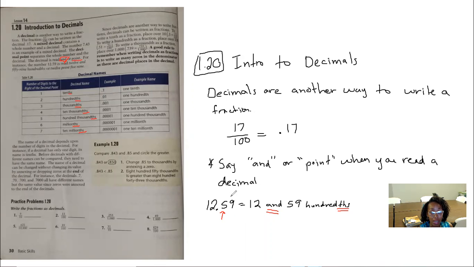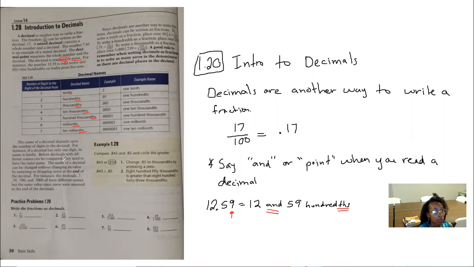We still said 59, but we named it hundredths because that was the last spot that the number was sitting in. We didn't say anything about the tenths place because that wasn't the last number. It's wherever that last number is sitting. So because this was sitting in the hundredths place, we tacked on the word hundredths at the end. Okay.